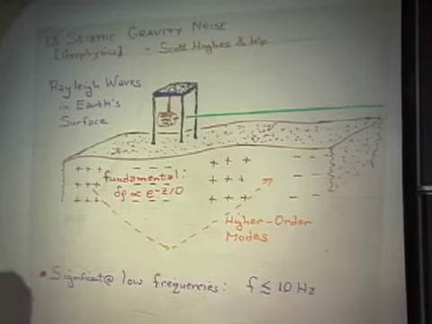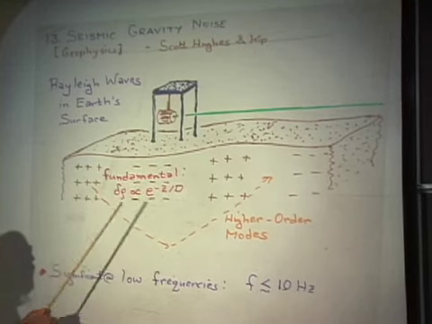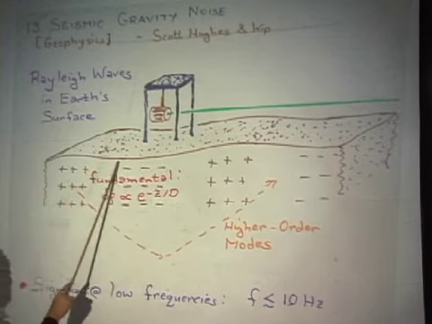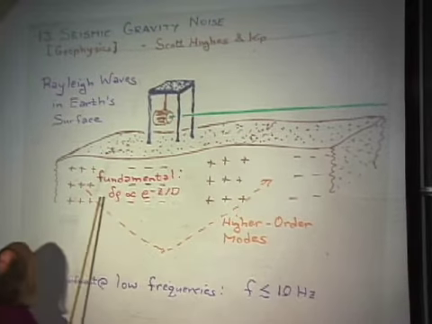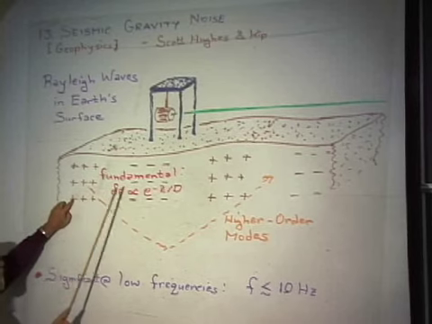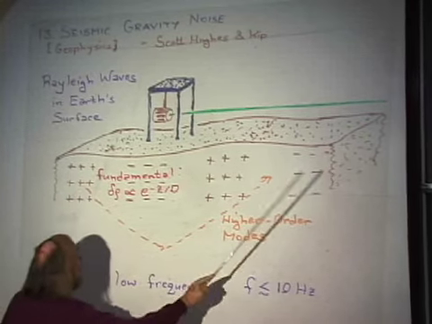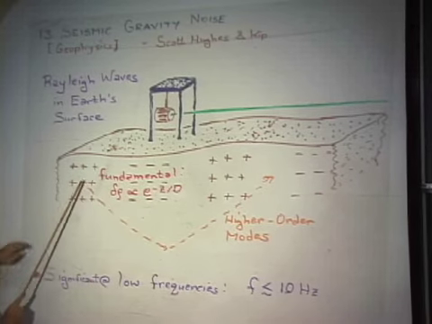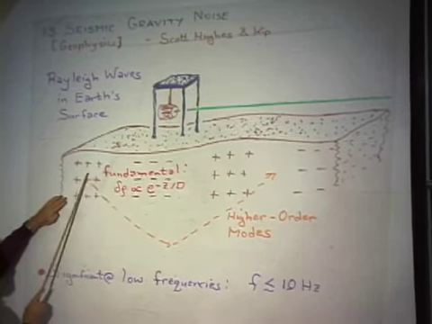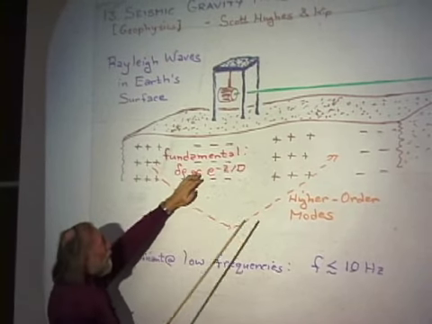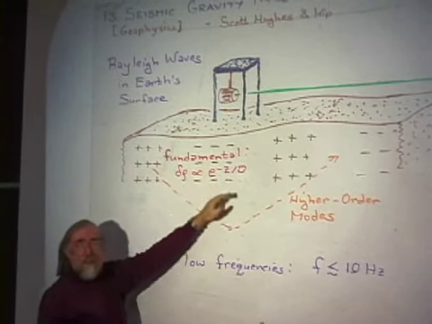So you have a LIGO test mass sitting on the Earth. The Earth is vibrating up and down, and there are high-density regions, low-density regions, high-density regions as a seismic wave goes by. And so the high-density regions pull on the test mass, and low-density regions, at least relative to the average gravitational force, they push on the test mass.